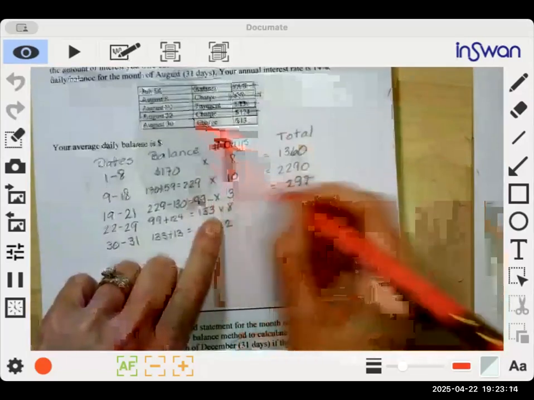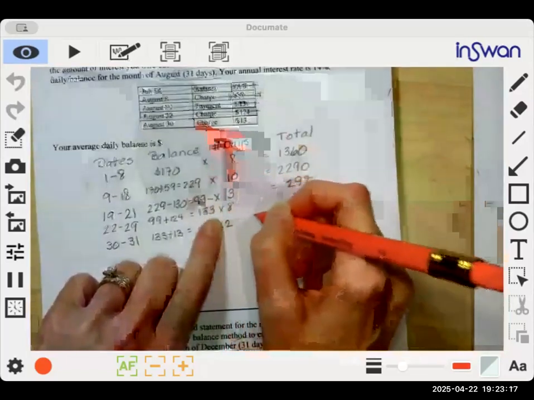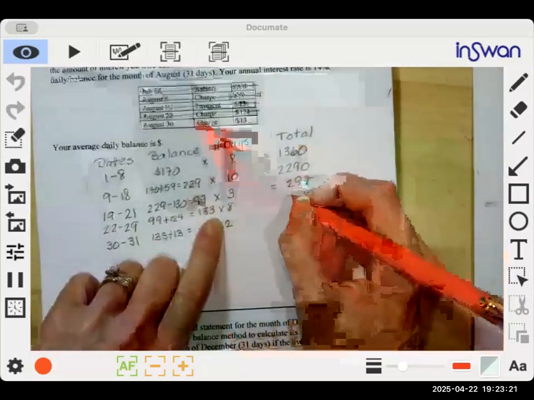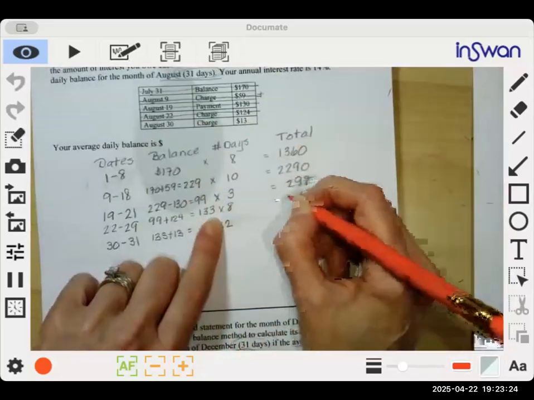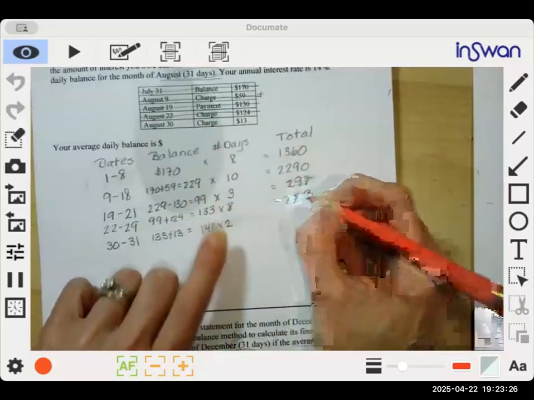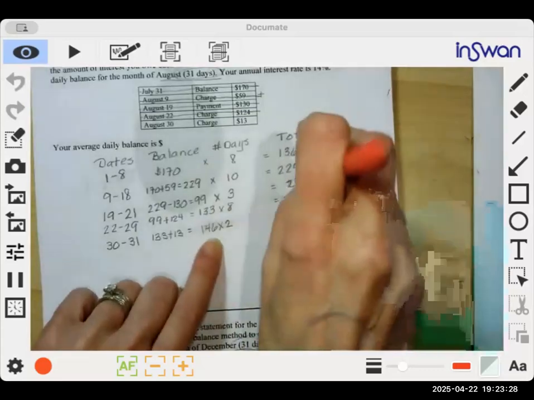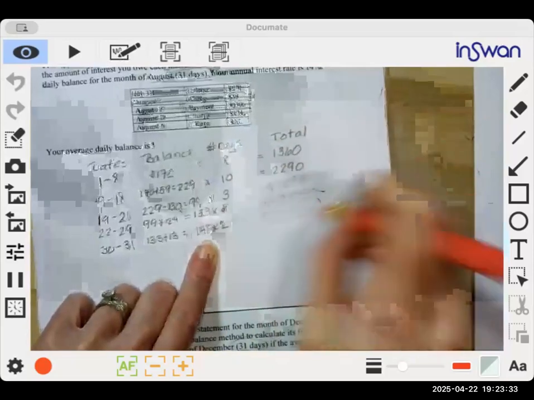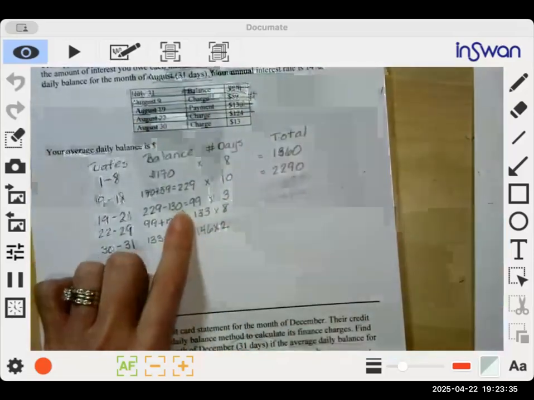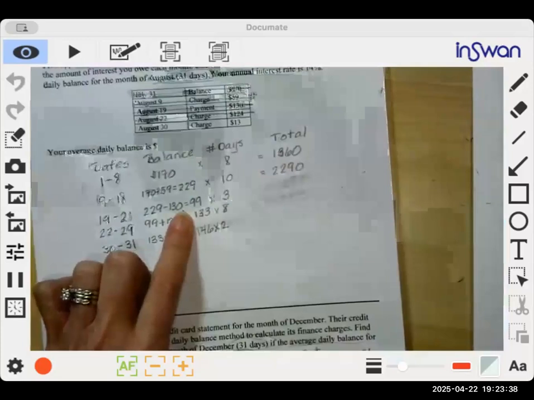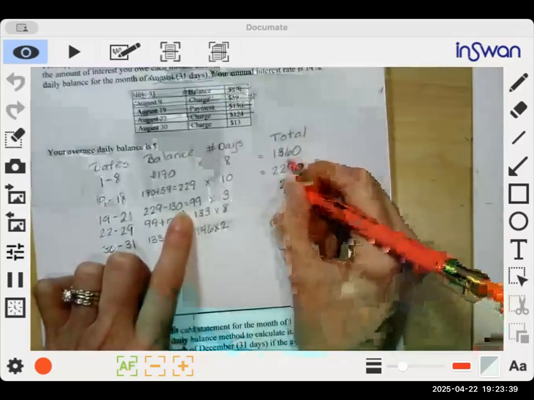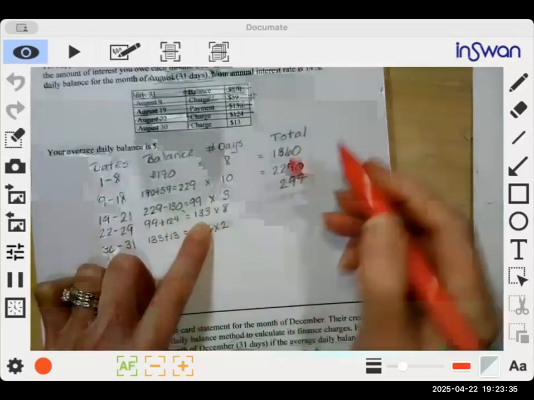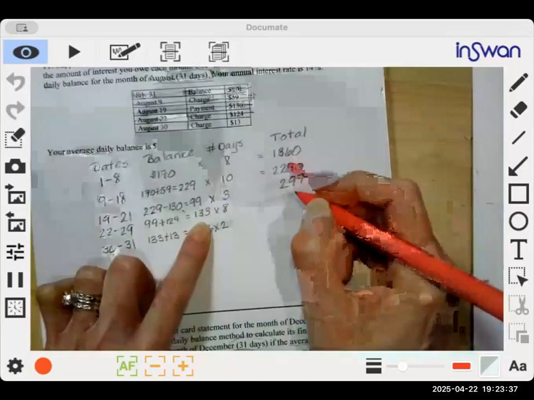So 133, 223. Thank you. Oh, no, I'm sorry. So up above, 99 plus 124. Okay, 99 times 3, I'm just going to grab a calculator. 99 times 3 is 297. Oh, that's what that one was. 133 times 8. It's the 99 plus 124.